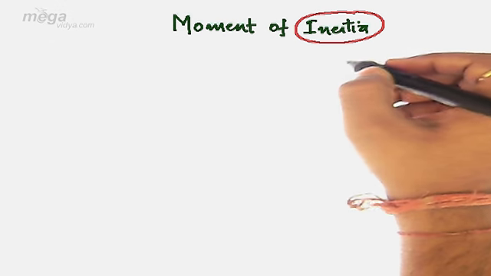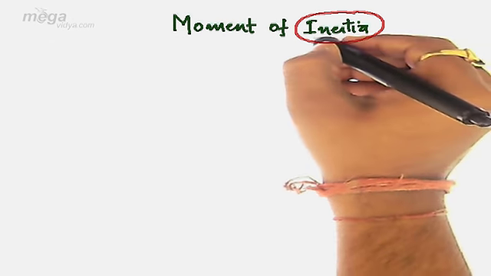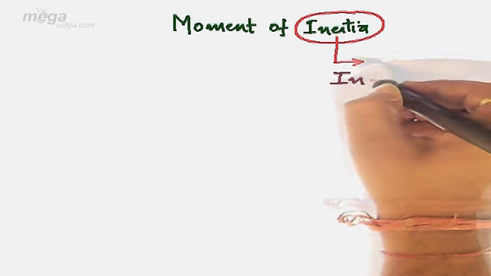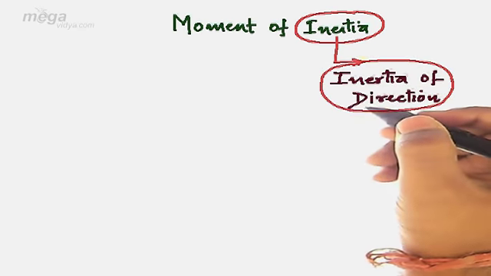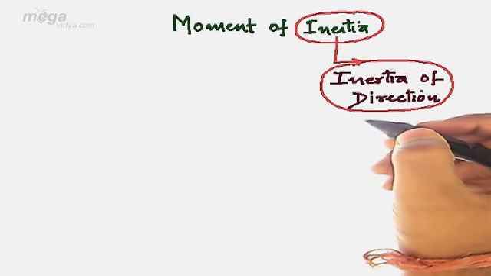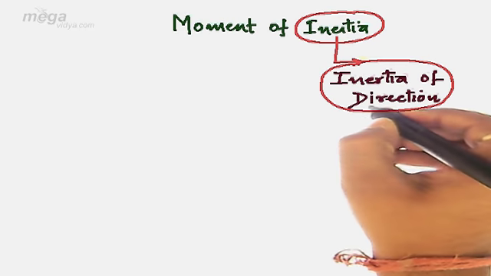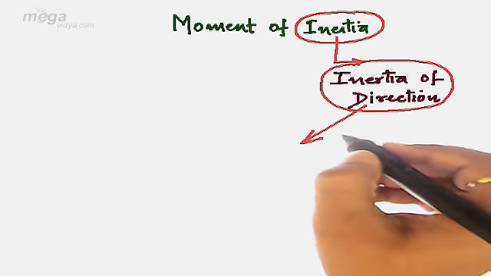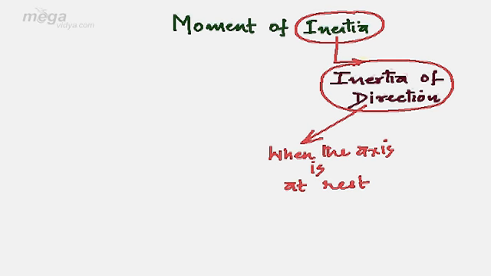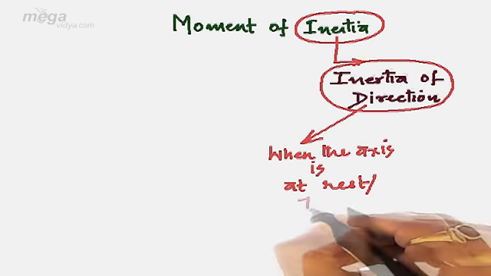And in that case, we have studied three parts of inertia, in which one of the parts was inertia of direction. According to me, inertia of direction may be explained in two ways. In the first way, the axis is at rest, or you can say the axis is fixed.